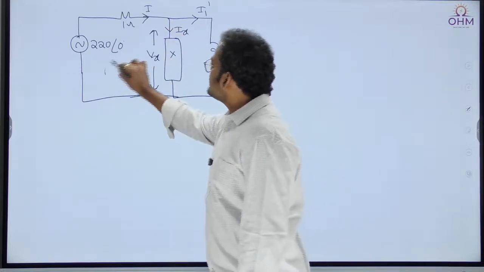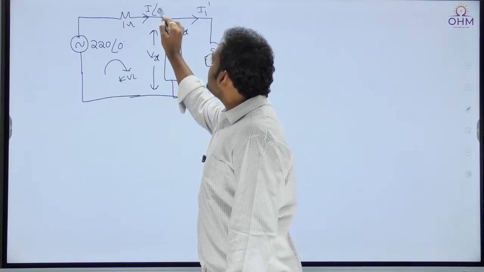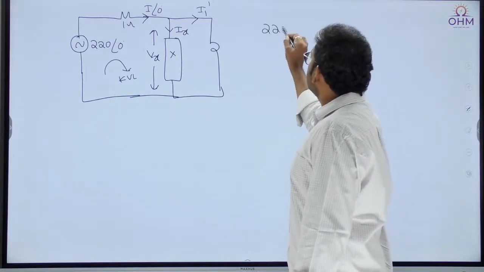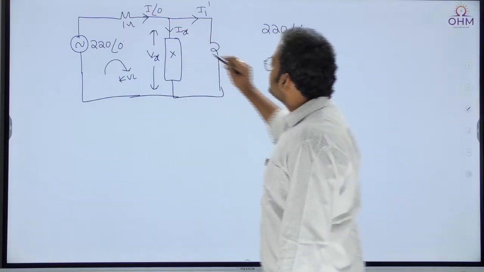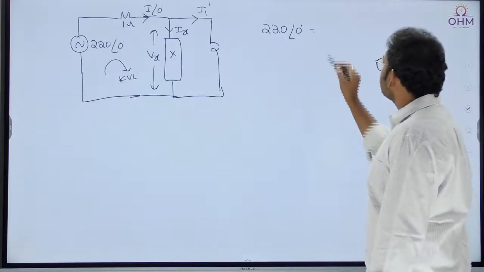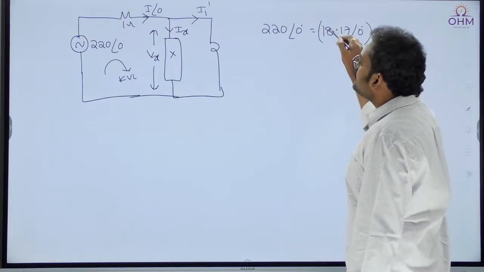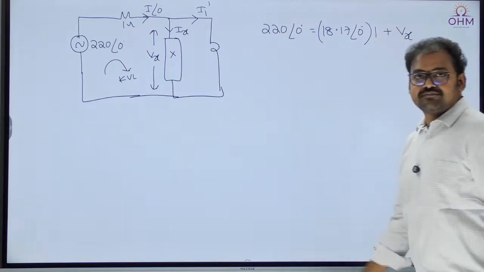And the voltage across this reactance, let us say this is Vx. Okay, so what I am asking you is to apply the KVL equation here. Already this current is at an angle 0. So what is the KVL equation? 220 at an angle 0 is equal to, what is this current I? I we found 18.17. 18.17 at an angle 0 into the resistance 1 ohm plus Vx. Correct?